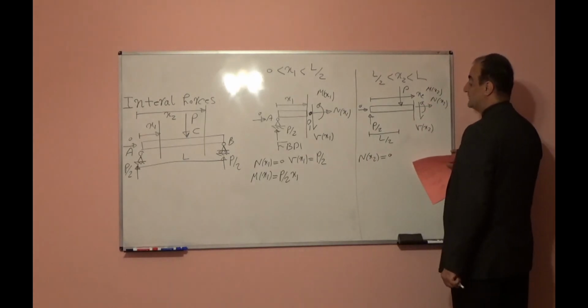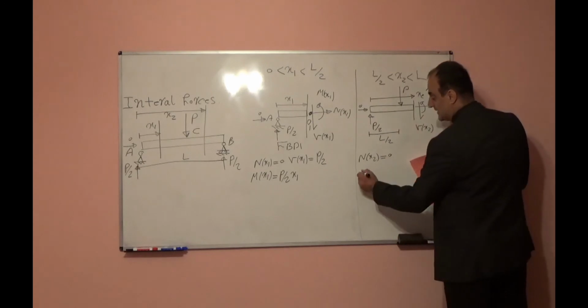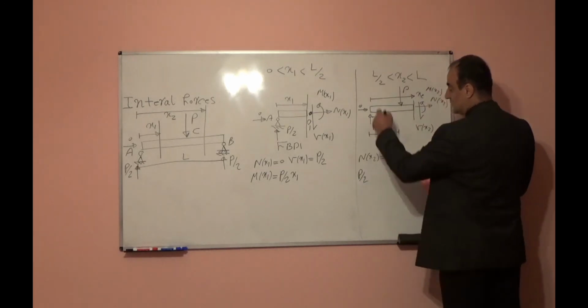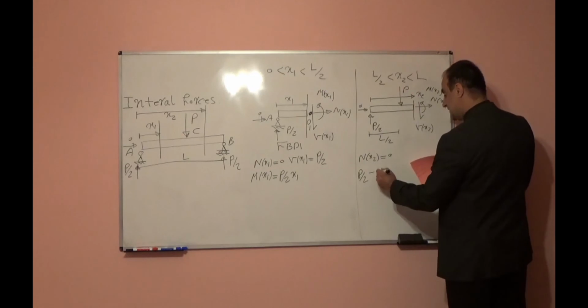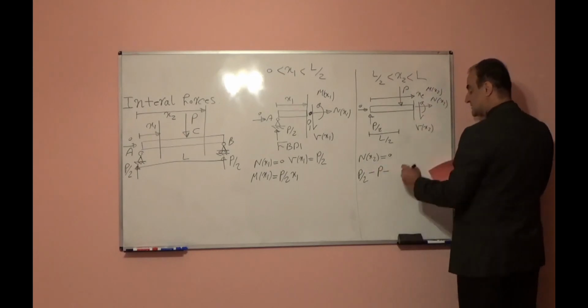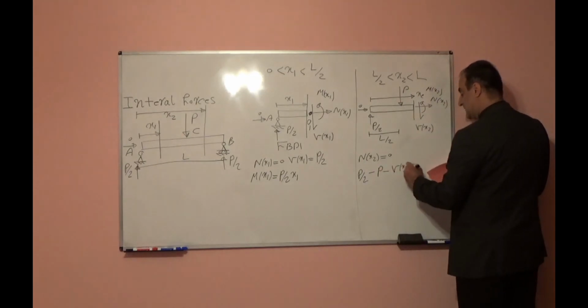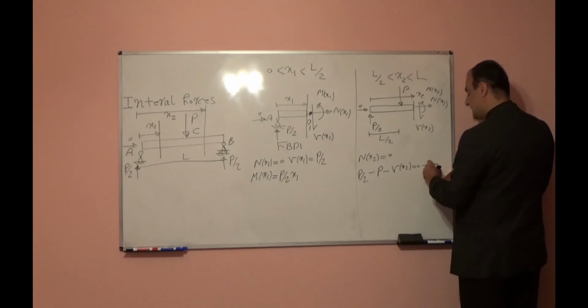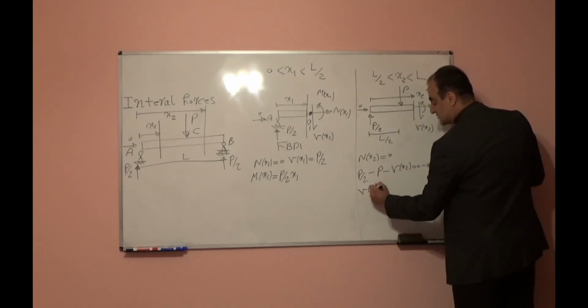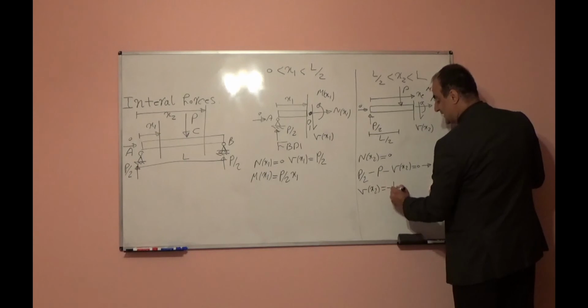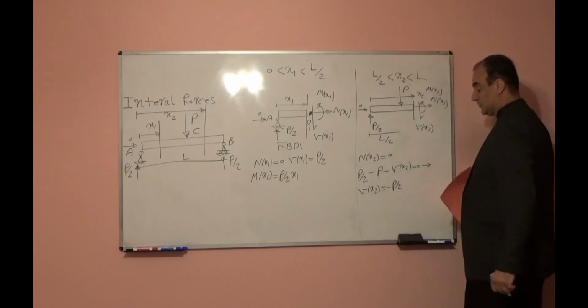Summation of forces in vertical direction equal to 0, that means P over 2 minus P minus Vx2 is equal to 0. From here, Vx2 will be equal to negative P over 2.